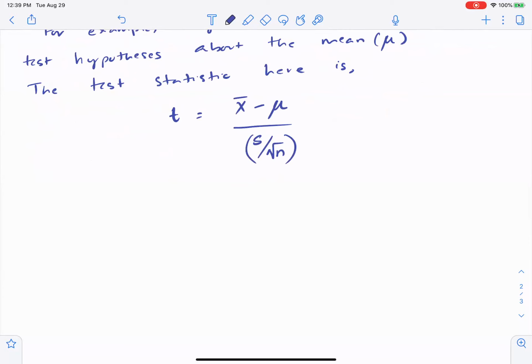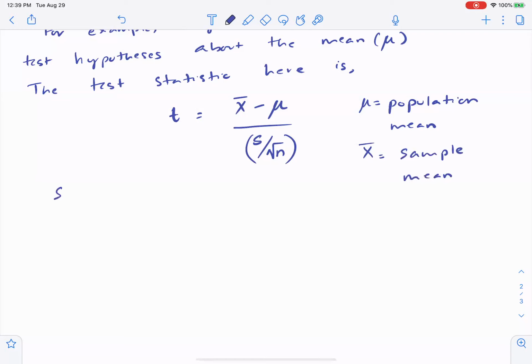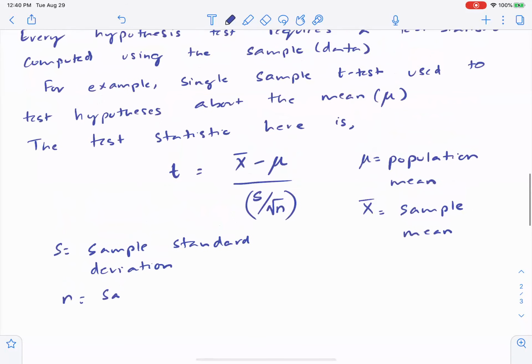That is the formula. So mu is the population mean, x bar, sample mean, s, sample standard deviation. Lastly, n, sample size.